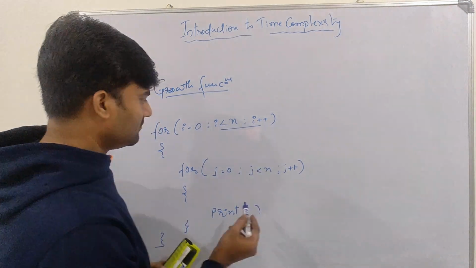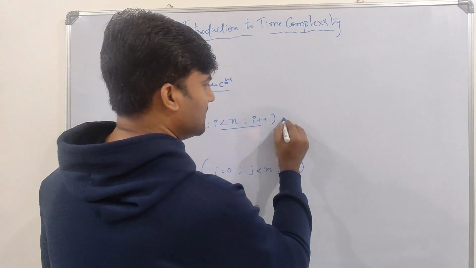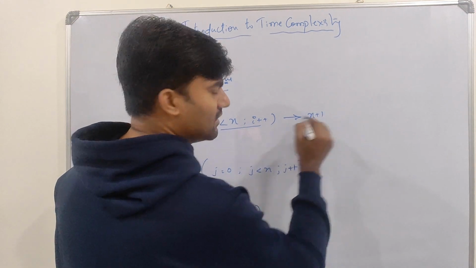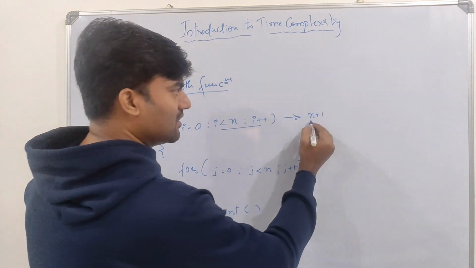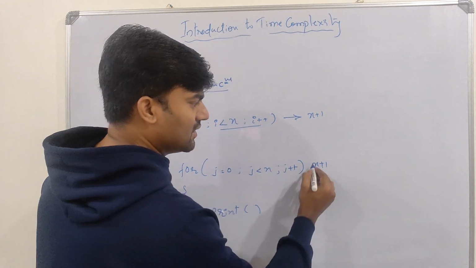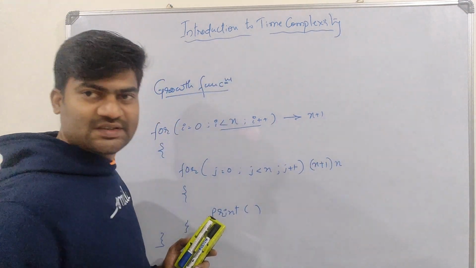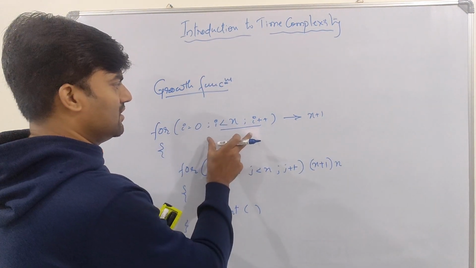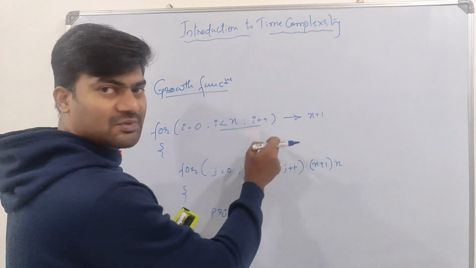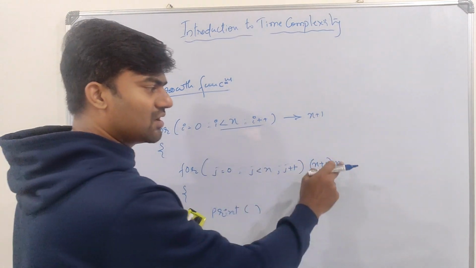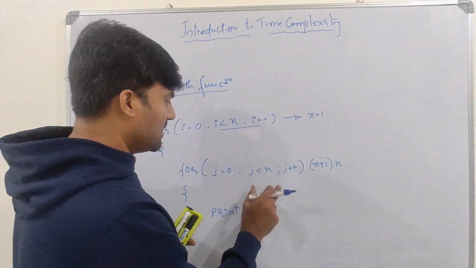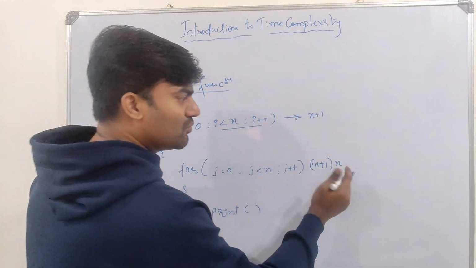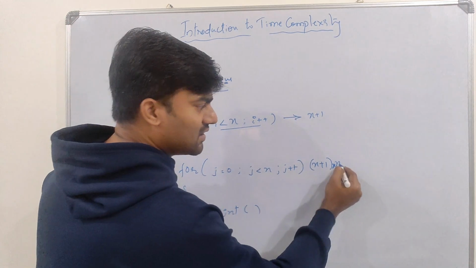Let us say this executes for n plus 1 times, this executes for n plus 1 into n times, because the outer loop executes for n plus 1 times, but inside of it executes for only n times. So because of this outer loop we are multiplying it with n.